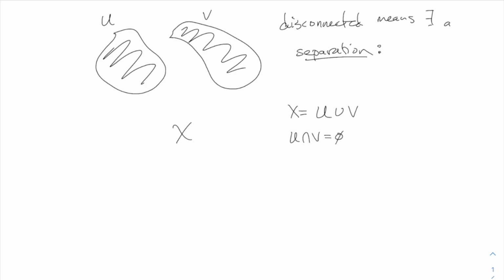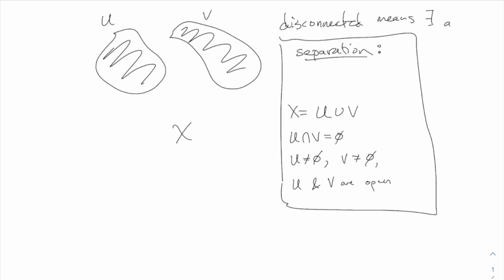That is, the two sets are disjoint. Also, the two sets have to be open, and they individually cannot be the empty set. So U is not the empty set, V is not the empty set, and U and V are open. All right, that's what a separation is.